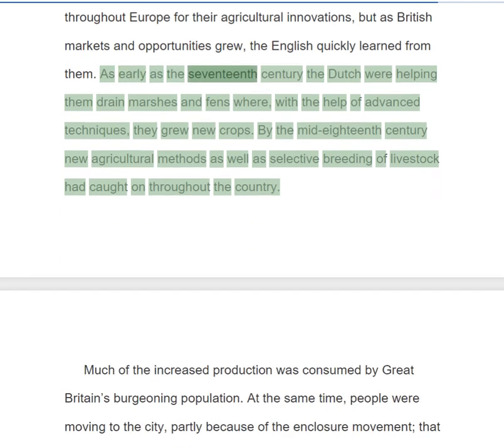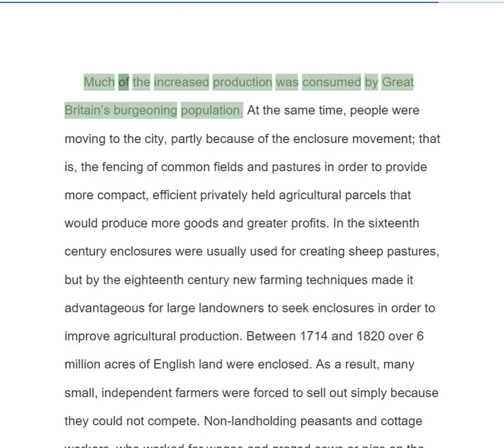As early as the 17th century, the Dutch were helping them drain marshes and fens where, with the help of advanced techniques, they grew new crops. By the mid-18th century, new agricultural methods as well as selective breeding of livestock had caught on throughout the country. Much of the increased production was consumed by Great Britain's burgeoning population.